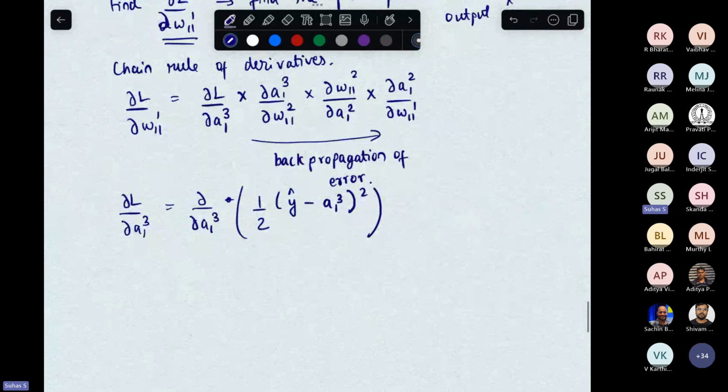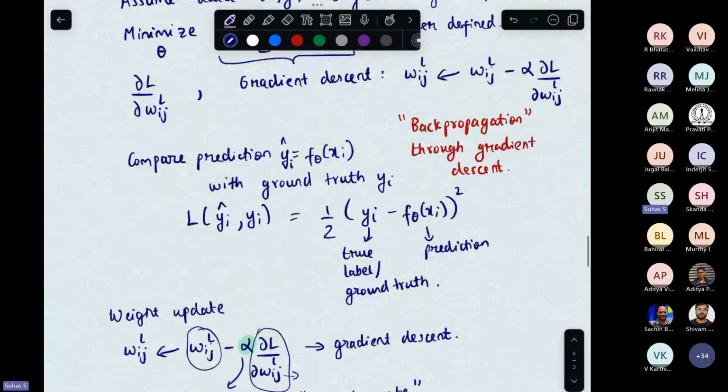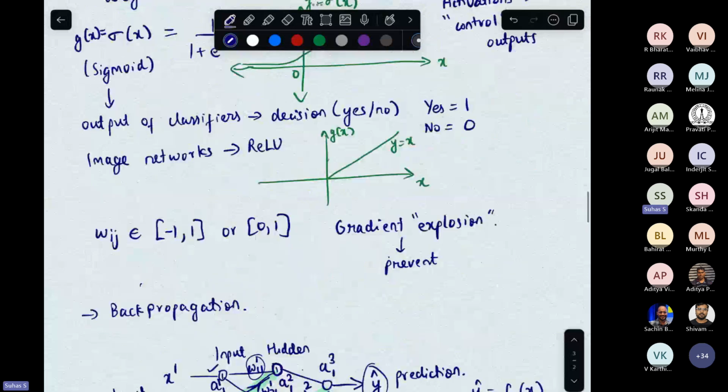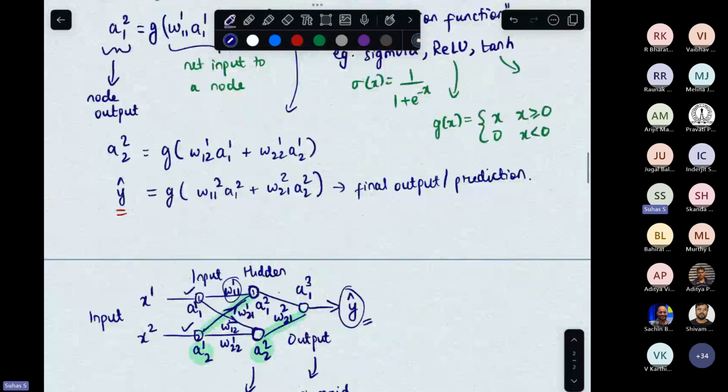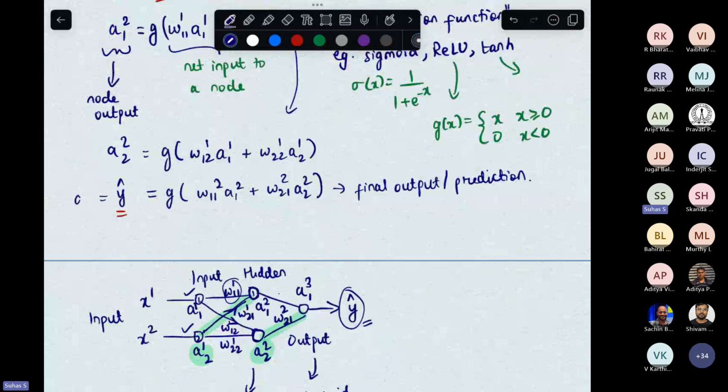And what is A13? We wrote it earlier in our forward equations, in the forward process here, which was this. This is A13. So we had this expression.